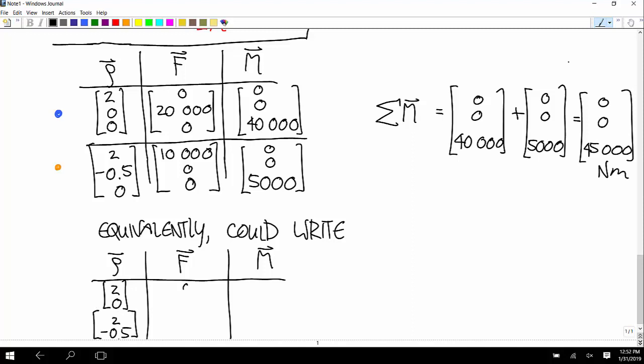We can think about the forces as 0, positive 20,000, and 10,000, 0. And then since we know we're only going to have non-zero z components, we can think of the moments here as 40,000 and 5,000. Mathematically, you can think of it this way, and then you don't have all the zero components in your equation. But you should keep in mind that a moment is always a vector, and keep in mind what it means intuitively.